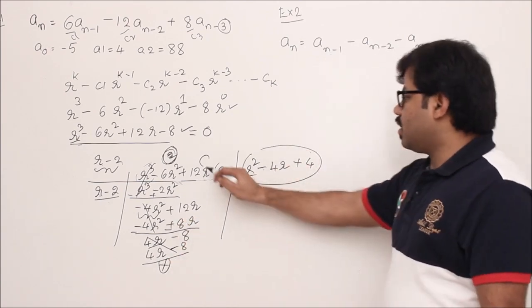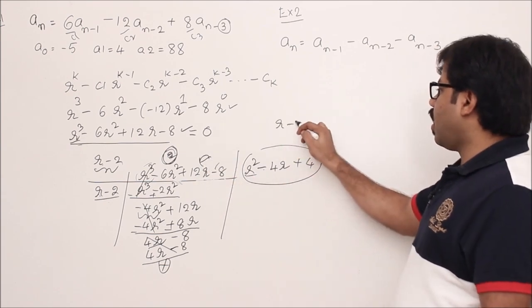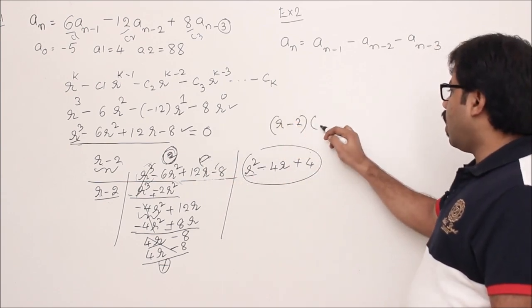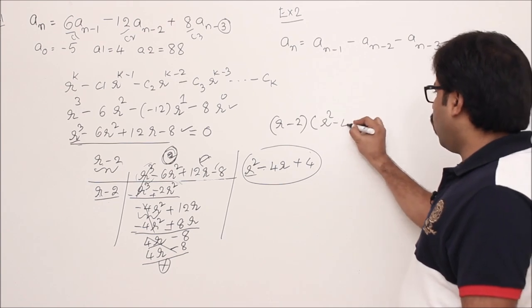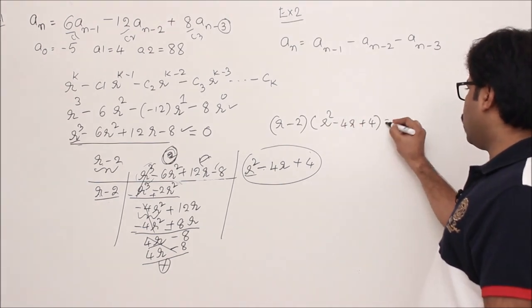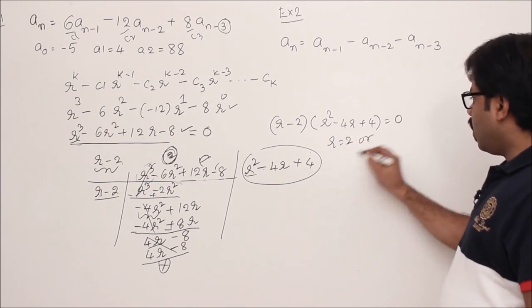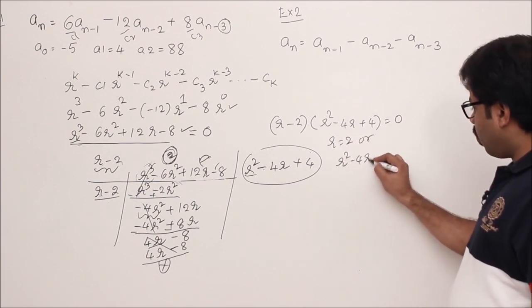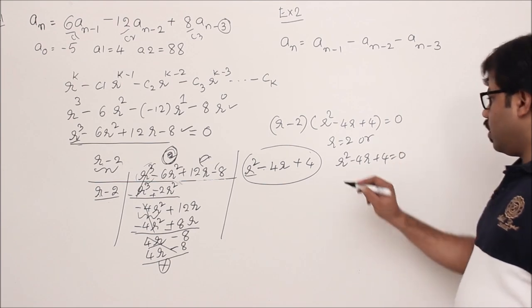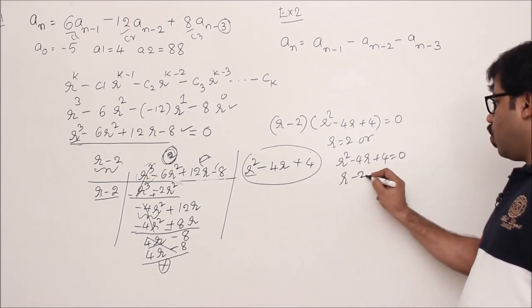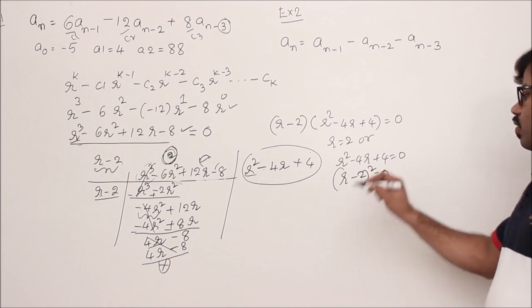Then this will be the quotient. That means this entire equation is nothing but r minus 2 into r square minus 4r plus 4, which is equal to 0. Then r equal to 2. Otherwise r square minus 4r plus 4 equal to 0. Then if you see this one, it is r minus 2 whole square equal to 0.